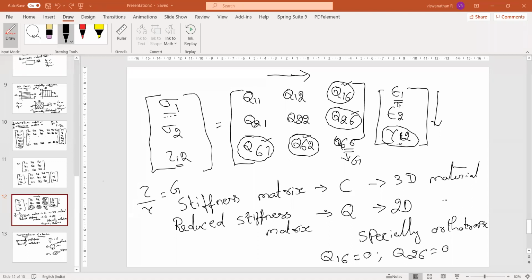There will be some extension. So you are not applying extensional stress, you are applying only shear stress, but you are getting both shear strain as well as extensional strain. This is the case when it is a generally orthotropic material. Okay, understood.